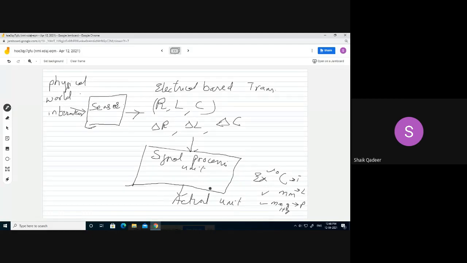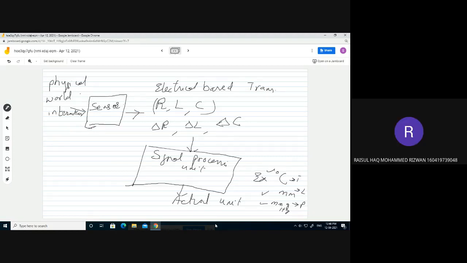The meaning of actual unit is the value in its actual representation, like temperature in degree C, level in millimeter, displacement also in millimeter, and there are many more, and then pressure in millimeter of mercury, and so on. Hope it is clear to everybody.